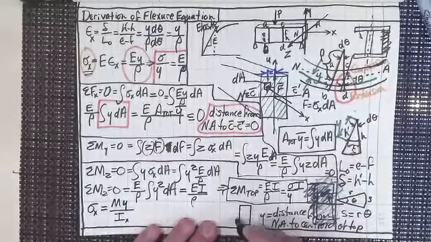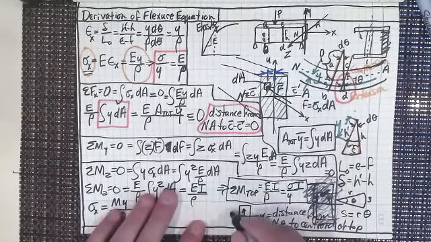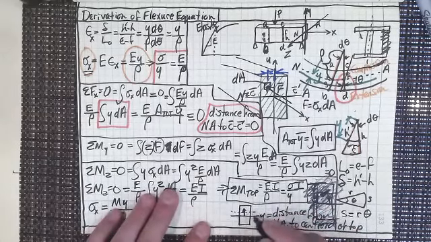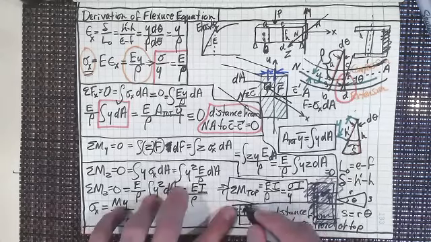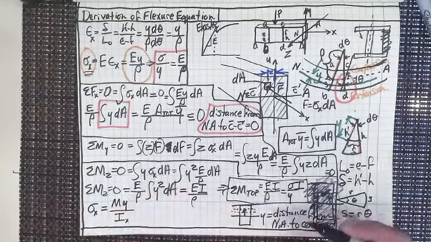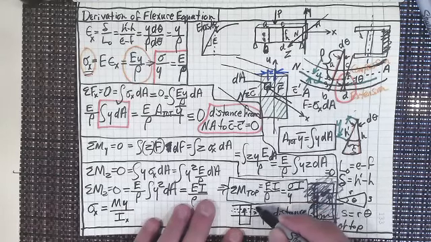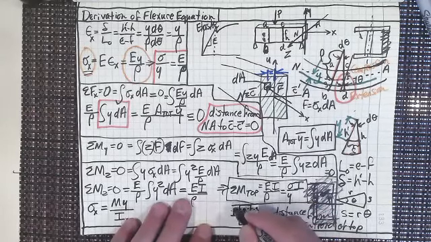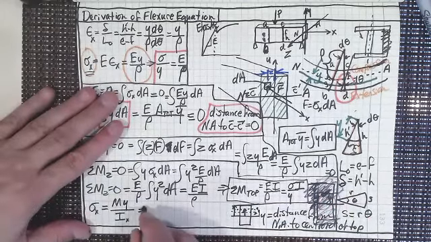This is from the neutral axis to any point I want. If I want to find out the stress right here, that's y. If I want to find out the stress right on the outside, these are all y's. But the stress on the far outside is going to be the maximum, right?